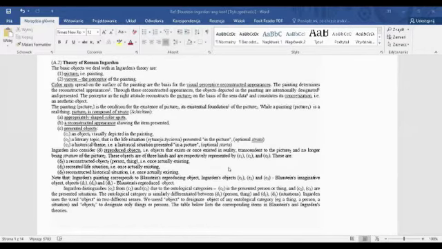The painting, picture one, is the condition for the existence of picture two, its existential foundation. While a painting is a real thing, picture two is composed of strata.